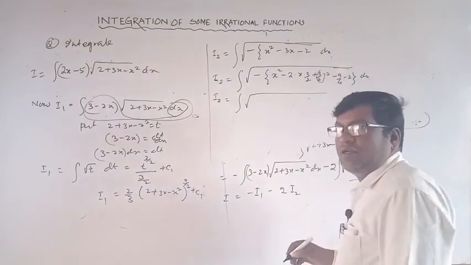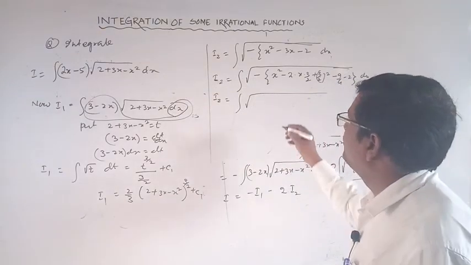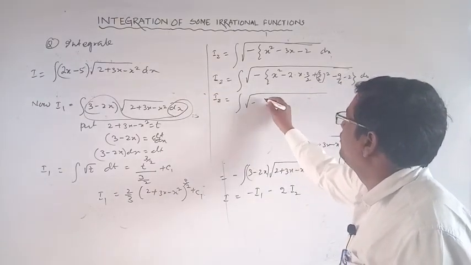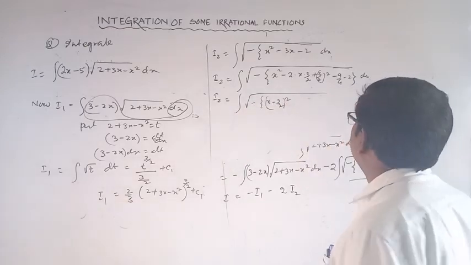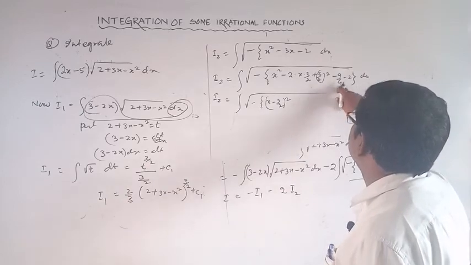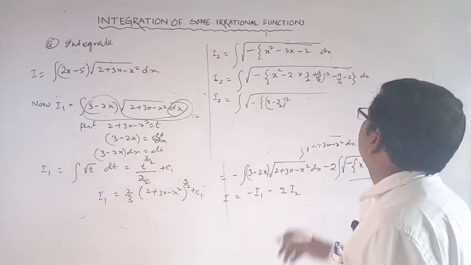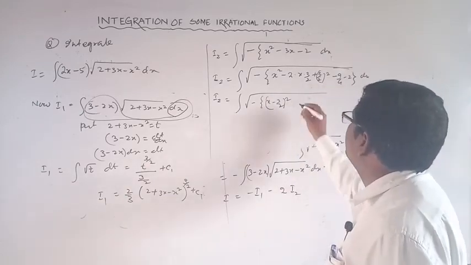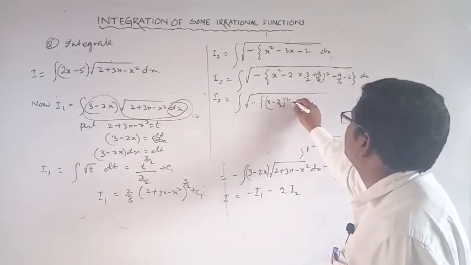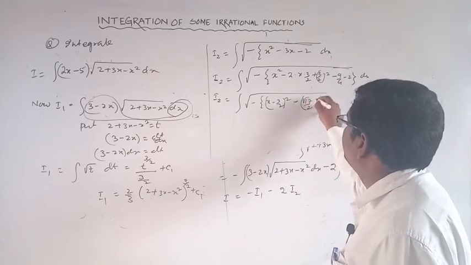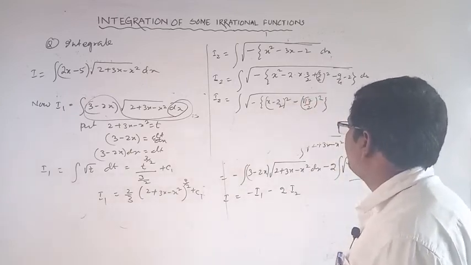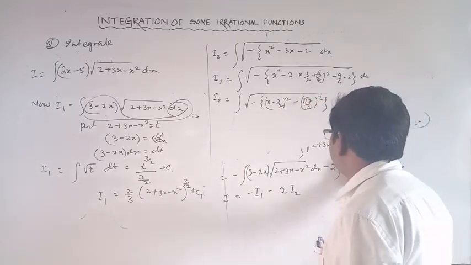So I2 is equal to square root of (x minus 3 by 2) whole square, and this is minus 2 minus 9 by 4, minus 17 by 4, root 17 by 2 whole square. Now what happens here?